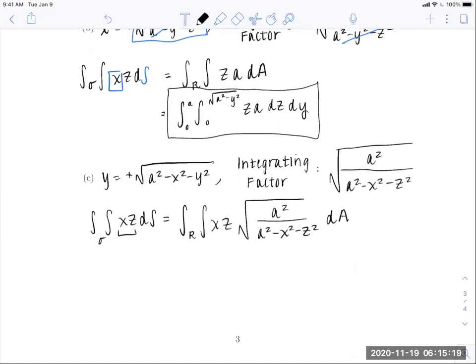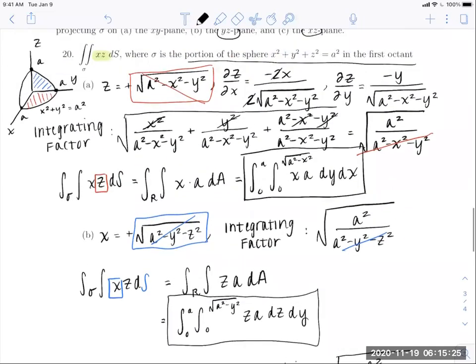And then we need to just set up our limits of integration. So let's look back up at our original picture. I'll grab a different color here. We're now projecting onto the XZ plane. So we have this quarter circle. X is going to range from 0 to a. Z is going to range from 0 to the square root of a squared minus x squared.